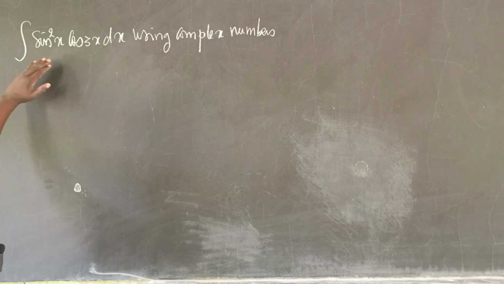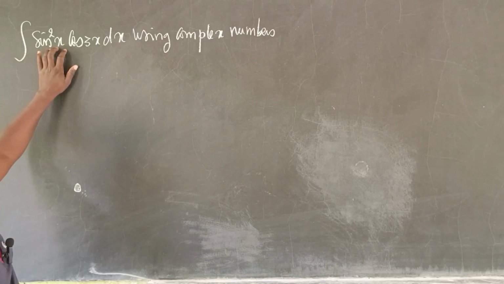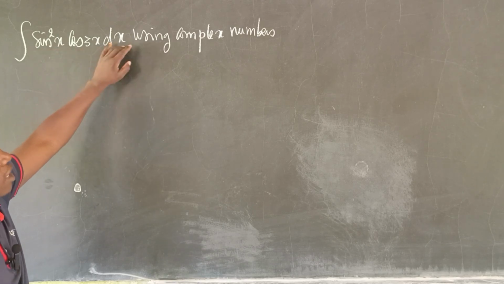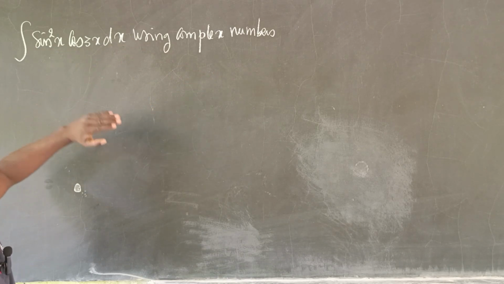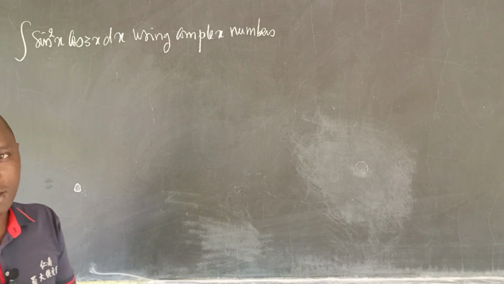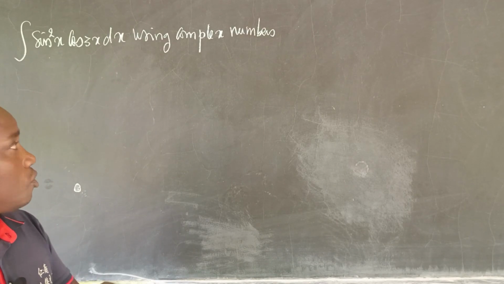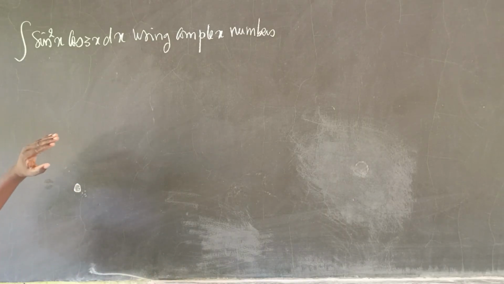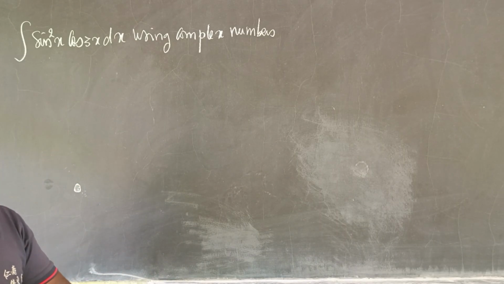Okay, an integral of sine square x times cosine 3x dx using complex numbers. As you know, it is not easier to integrate using complex numbers, but here we will use Euler.